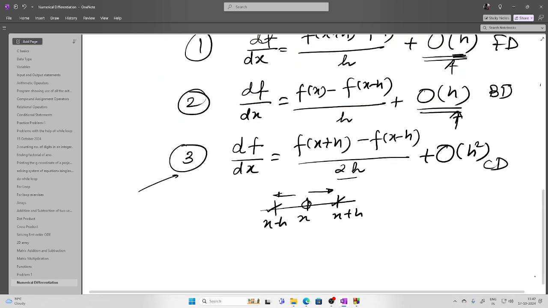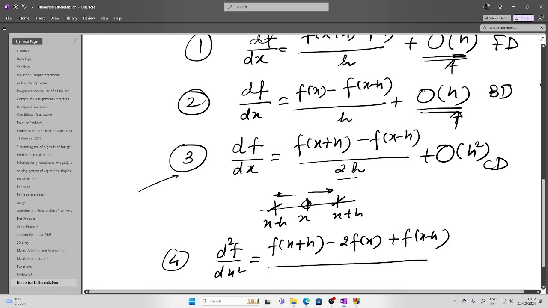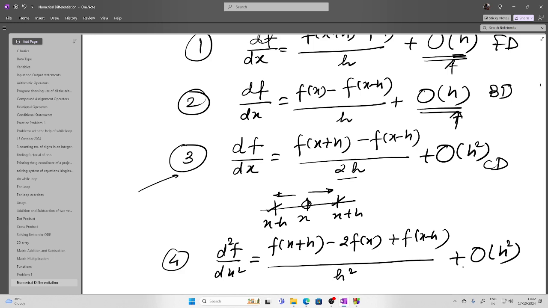Therefore, the second derivative of this function with respect to x will be f(x plus h) minus 2f(x) plus f(x minus h) divided by h square, and this will also have an accuracy of h square. In this way, one can perform the differentiation.